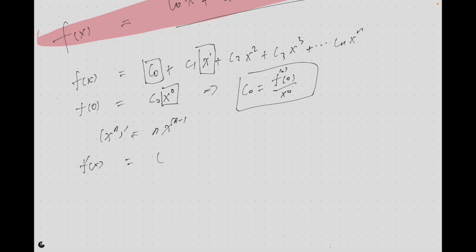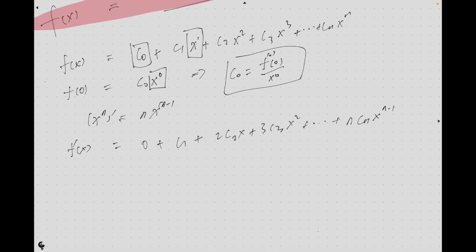When we're taking the derivative of a polynomial, we're actually taking the derivative of each term. That's a property of taking derivatives. So c0 becomes 0 because that's a constant, and c1 times x to the 1 becomes c1 times x to the 0, that's 1, right? That's c1. Then the next term is 2 times c2 times x plus 3 times c3 times x to the 2, until cn, that's n times cn times x raised to the power of n minus 1, right?